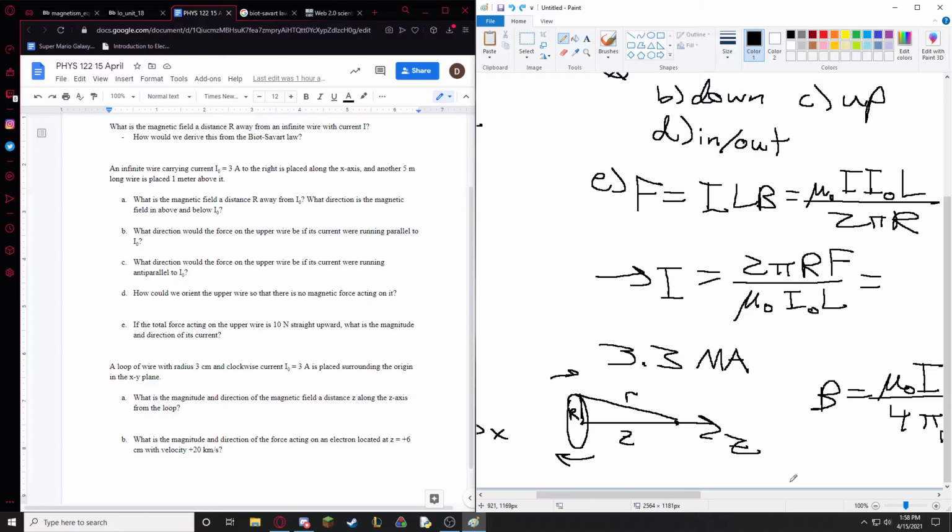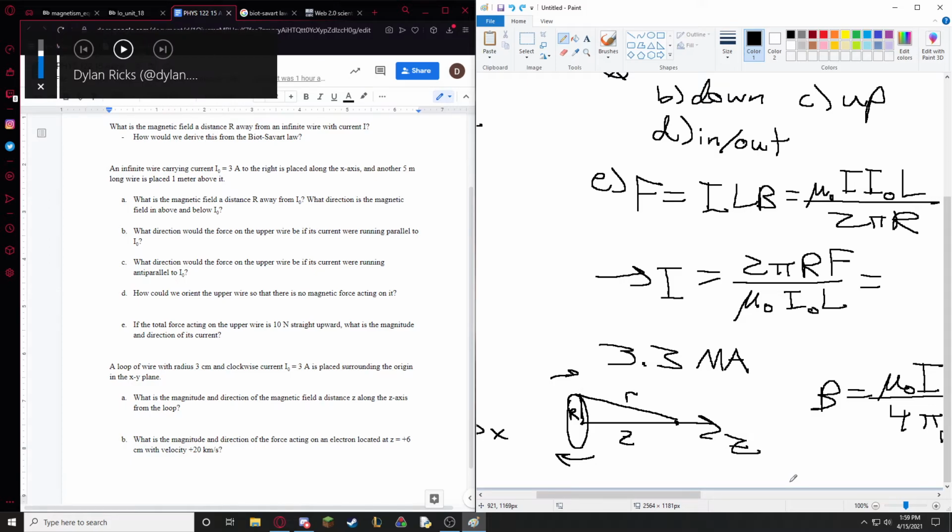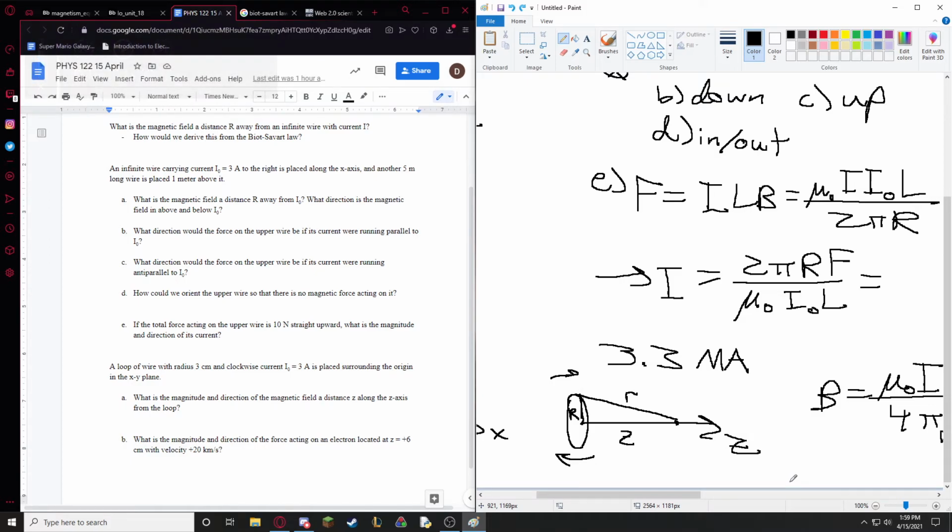Would there be no force? I think you might be onto something, Elena. Why would there be no force? It'd be parallel with the magnetic field.